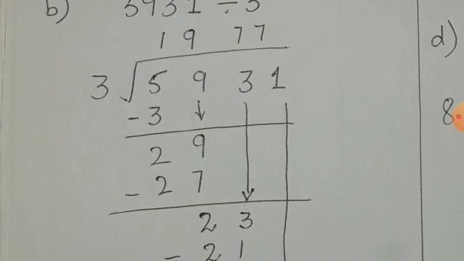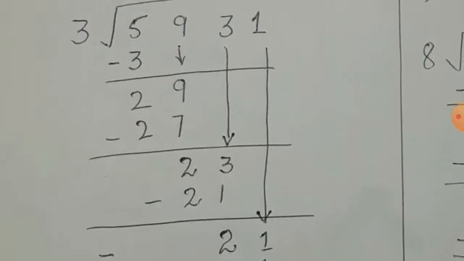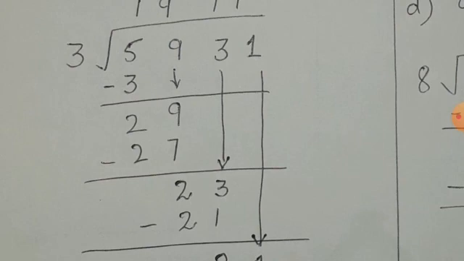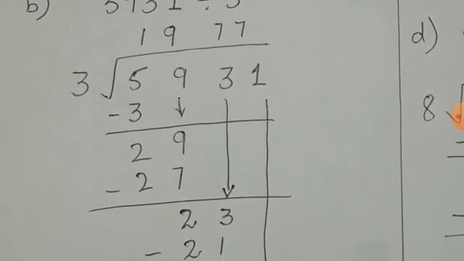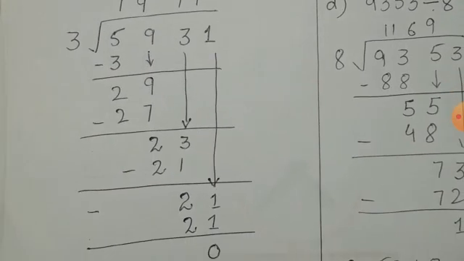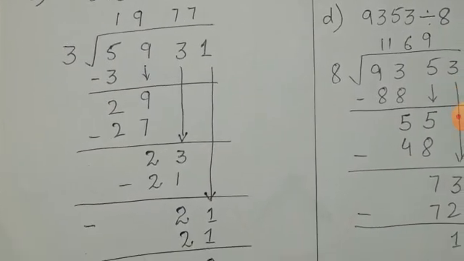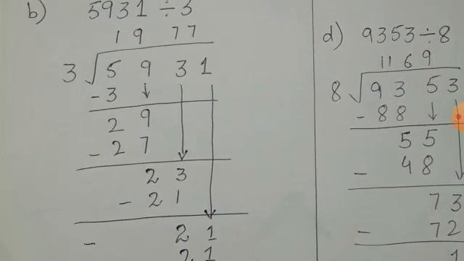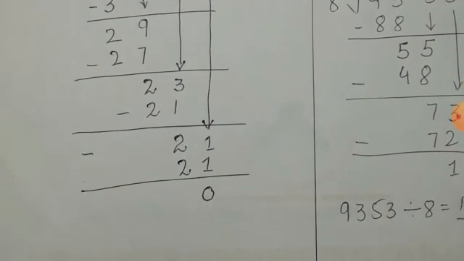After subtraction we will get 2. Again we will write 3 on the right side of 2. 23. 3 sevens are 21. Again we get 2 as remainder and we will write the remaining number 1 with 2. That will be 21. 3 sevens are 21. 21 minus 21, remainder will be 0.